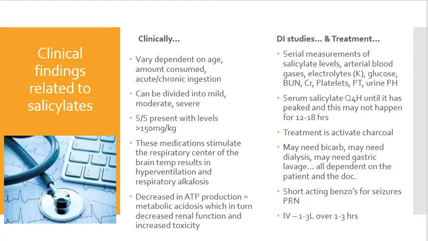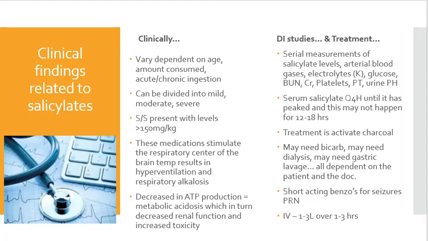Severe toxicity is associated with an ingested dose of more than 500 milligrams per kilo. Patients with severe toxicity greater than 700 milligrams per deciliter may exhibit hypotension, metabolic acidosis, renal failure, coma, and seizures.